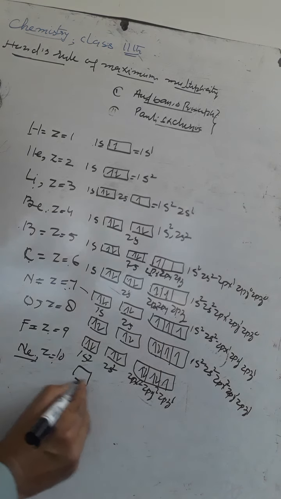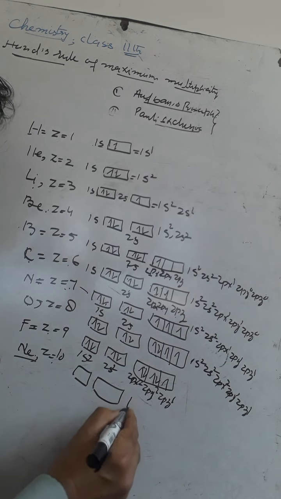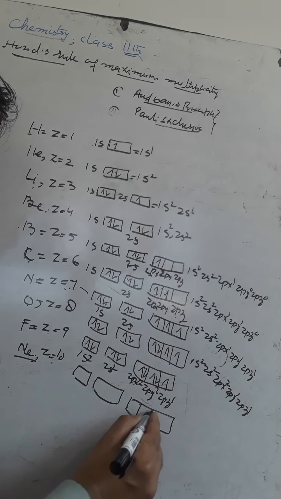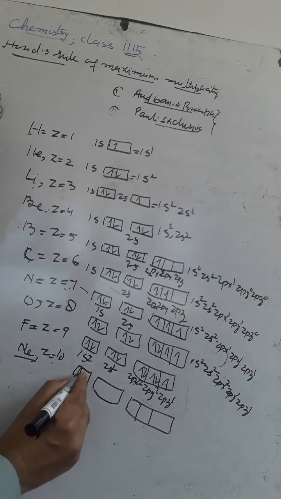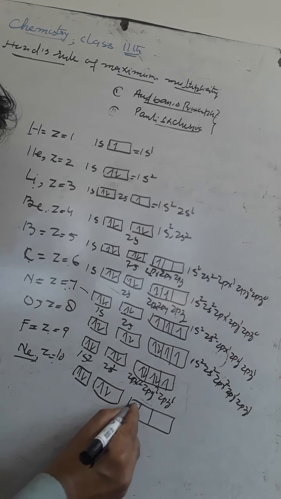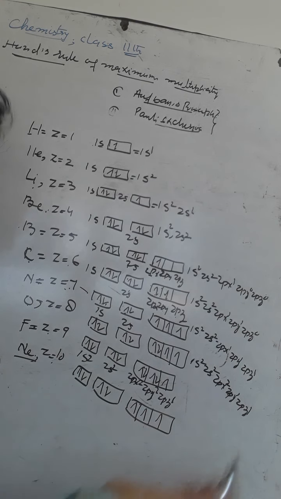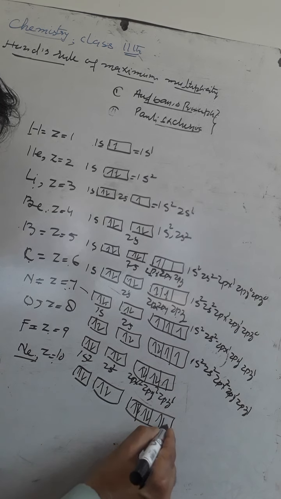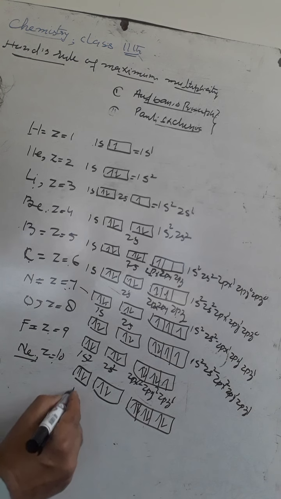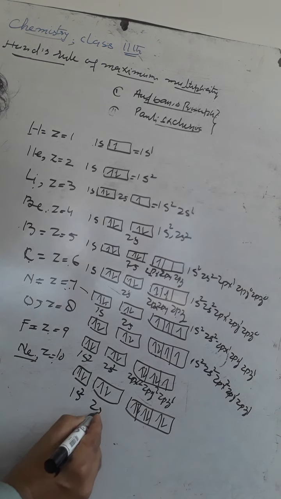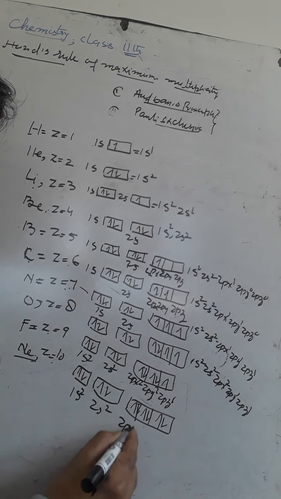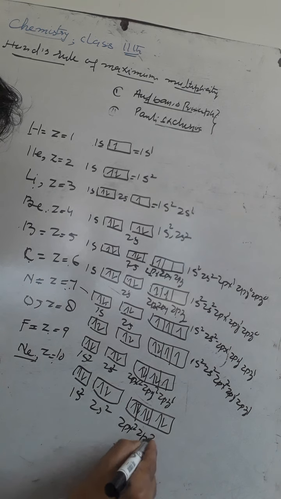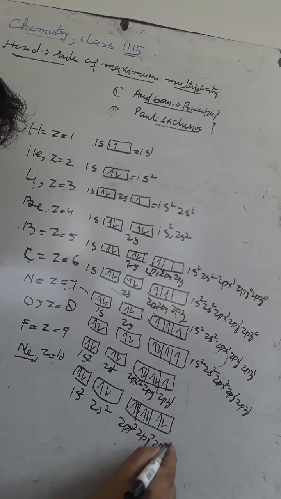Now let me take the case of neon with atomic number 10. It is 1s, right? It is 2s, 2px, 2py, 2pz. It is with 2, 2, then 1, 1, 1. Then I will start pairing. One goes here, one here, one here, right? With the result I get 1s2, 2s2, 2px2, 2py2, 2pz2, right?